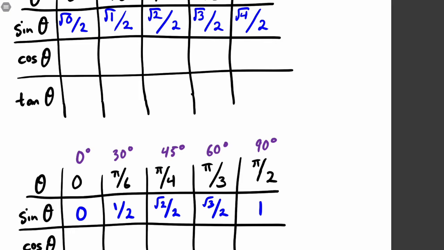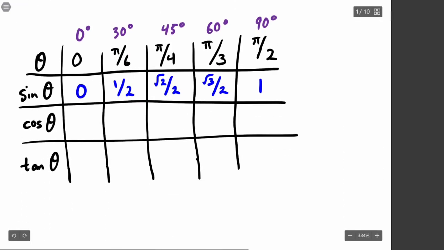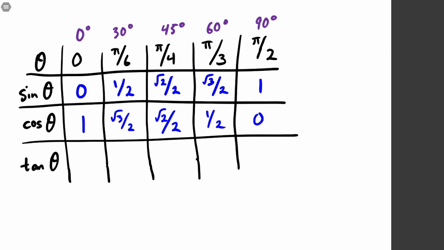So how do we do cosine? Right? So to do cosine, once we know sine, we can actually get cosine really easily by just writing this backwards. The 1, root 3 over 2, root 2 over 2, 1 over 2, and 0. Right? It's the same values as sine, just backwards. Okay?